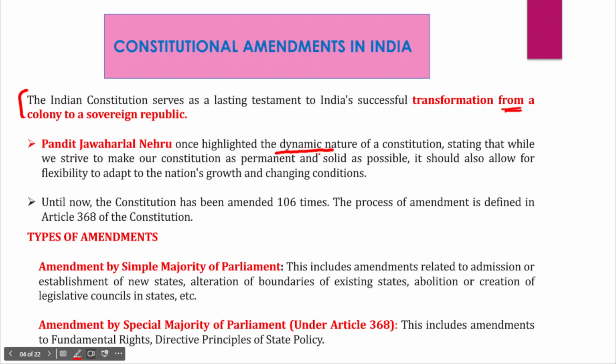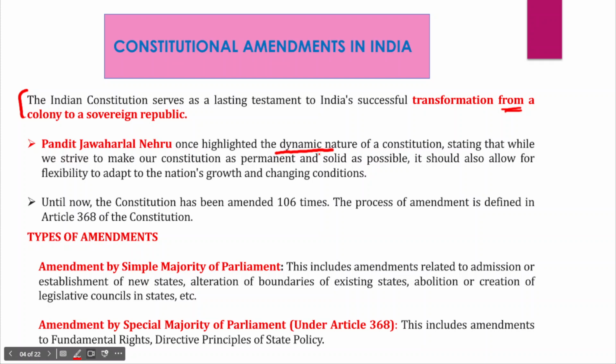However, in order to remain a permanent constitution, it should allow amendments, so that over a period of time, when society rapidly or gradually progresses, it is important to bring in amendments to the constitution, and that's how we could ensure that the constitution of any country is a permanent constitution.